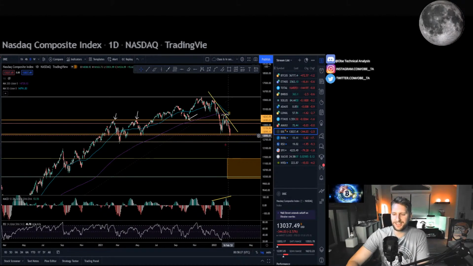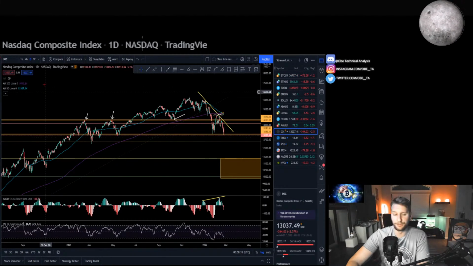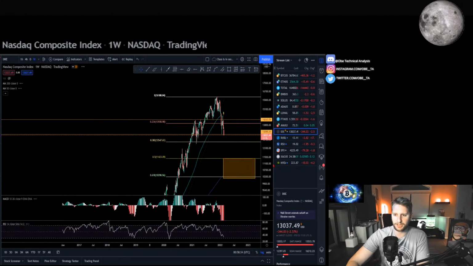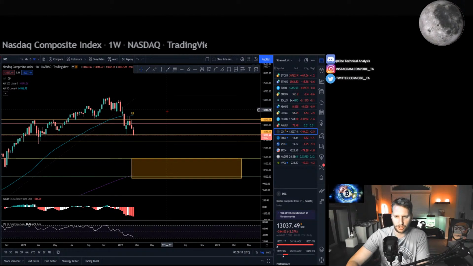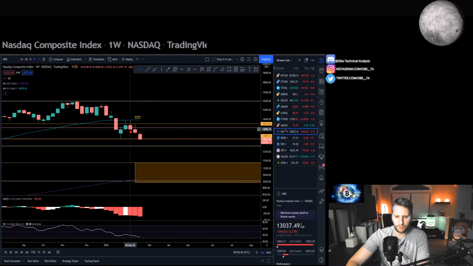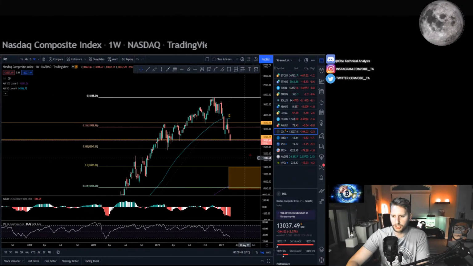But dude, closing that candle below that support is not good. Especially with hidden bearish divergence on the daily like that. And then we move it to the weekly. And again, it's the bearish engulfing from this weekly candle, February 7th, tweezer top at the 50 moving average, and the weekly, at this wick low.